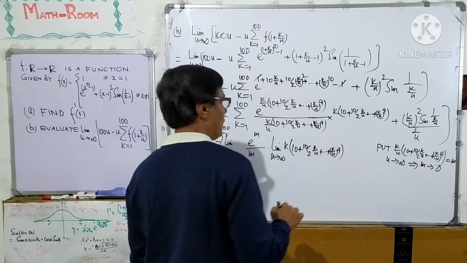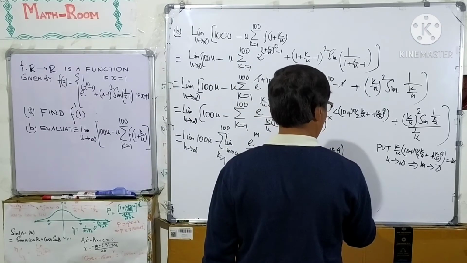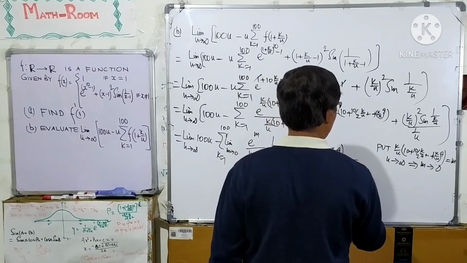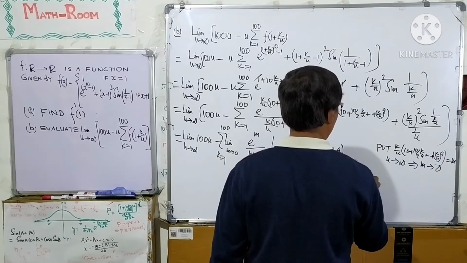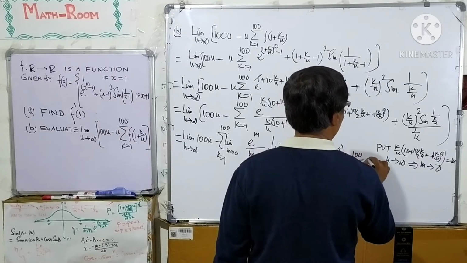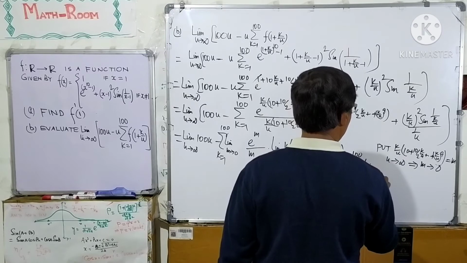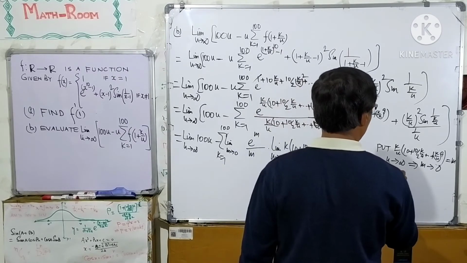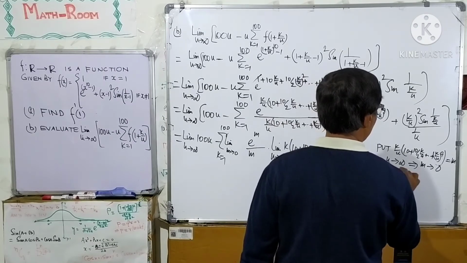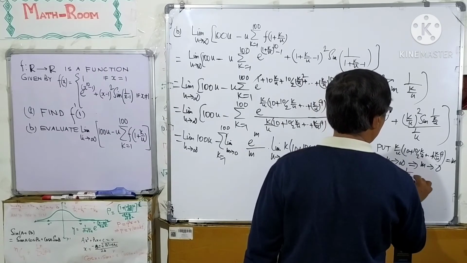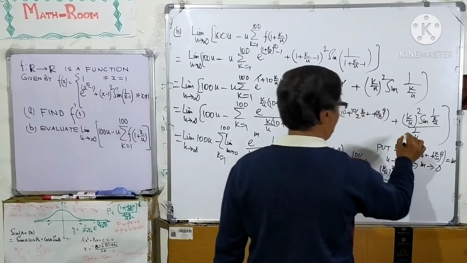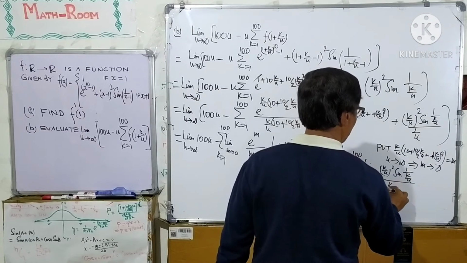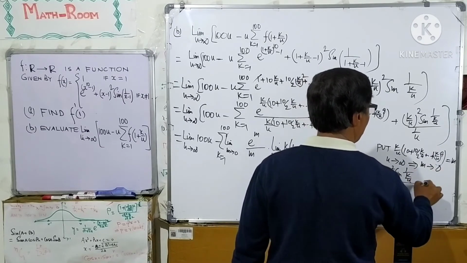And also the summation from k equal to 1 to 100 of the limit as u tends to infinity of (k over u) square sin of 1 over k over u, over 1 over u. We can multiply the denominator by k over u and also multiply the numerator by k.